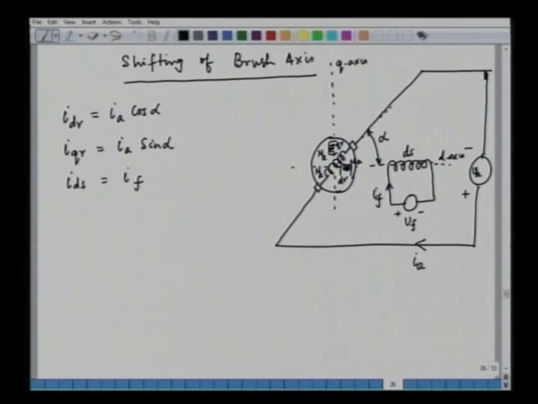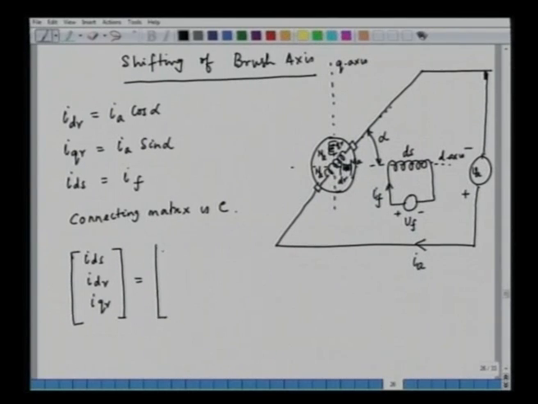So, we can write down the connecting matrix in the following way. The connecting matrix is C, and IDS, IDR and IQR are equal to this matrix times IF, the field current, and IA, the armature current.